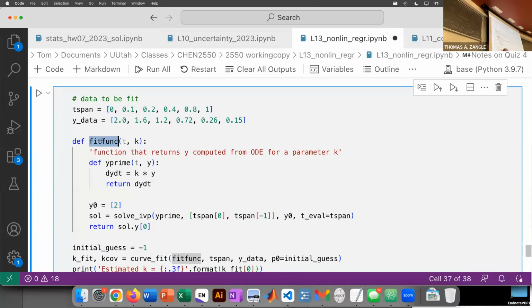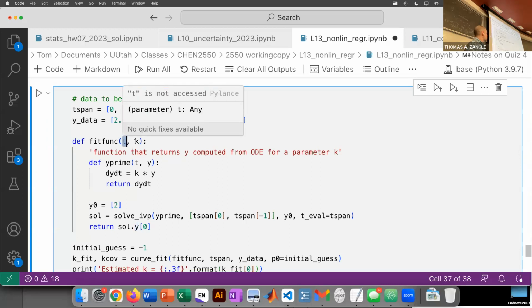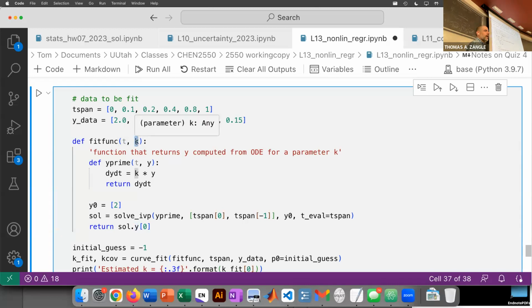So we're using the solve IVP, the ordinary differential equation solver, within the fit function. But it's still giving our solution, our value y, as a function of our input, in this case time, and the parameter, which we only have one of here, which is k.